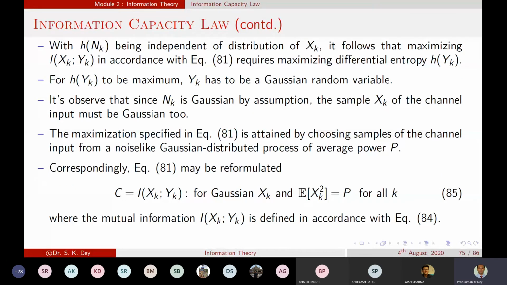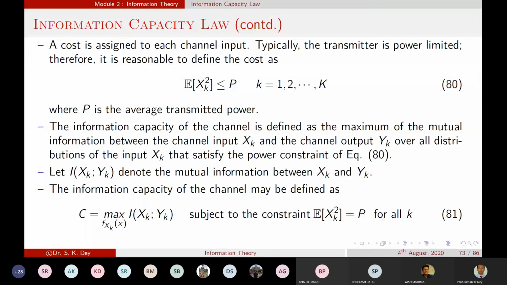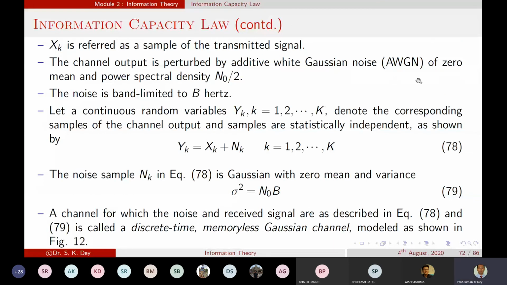I already told you about this. The Gaussian distribution has zero mean and a power spectral density equal to this. Since we have the power spectral density, we can find the variance of that channel.